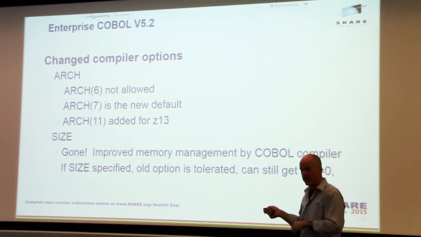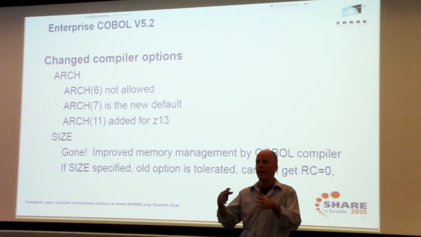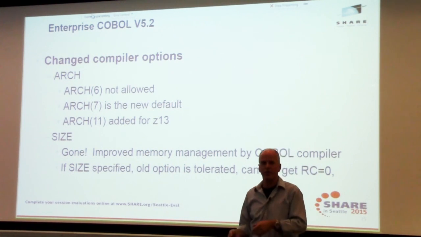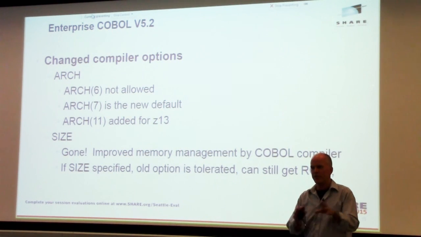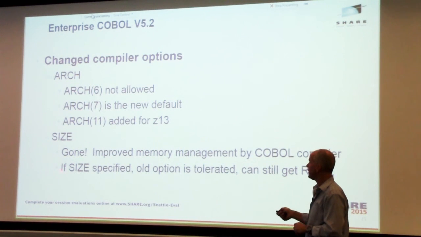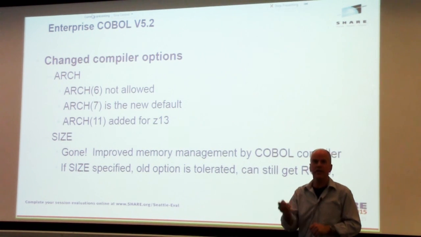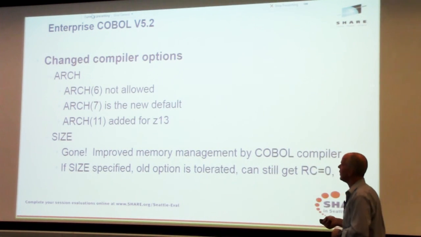So we kind of completed the integration of the new back end into the compiler in 5.2. This is sort of a kind of a little bit of a maybe push the product out the door too early problem. So 5.2 has a significant ease of use feature in that the size option is gone.